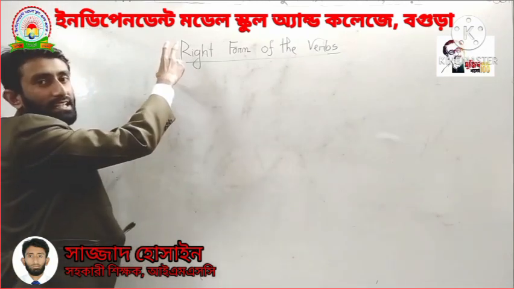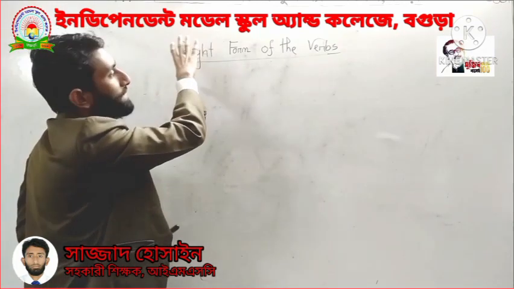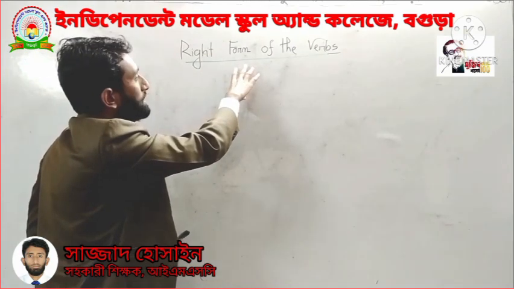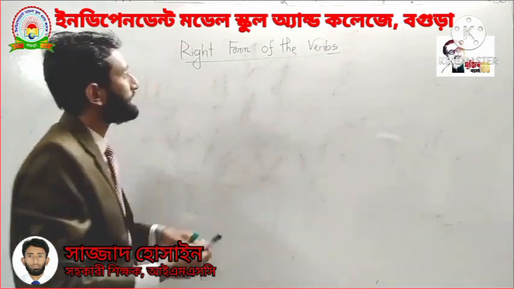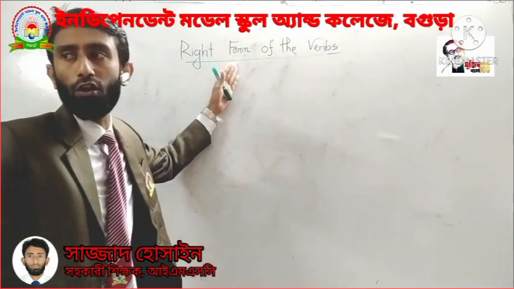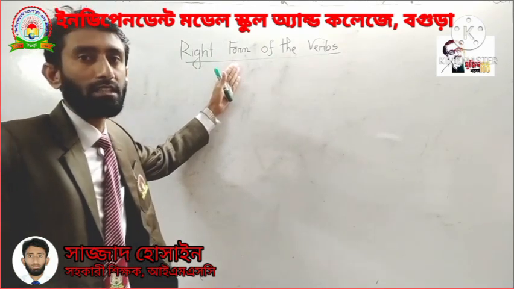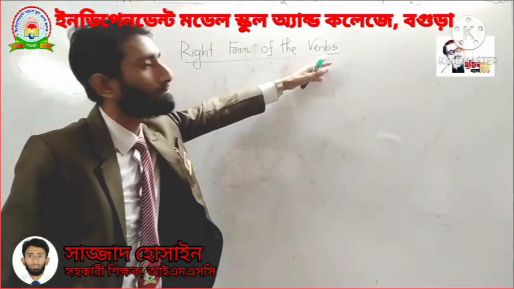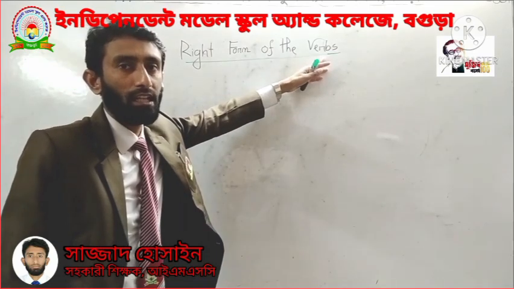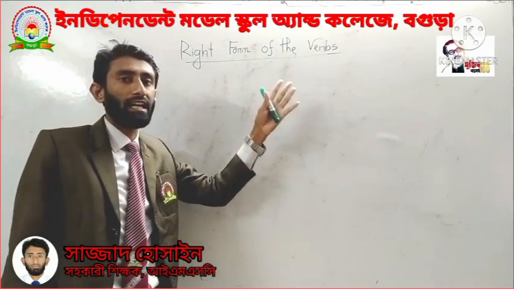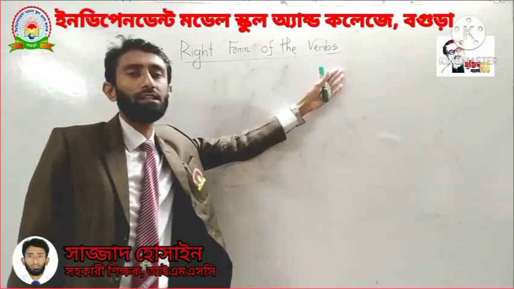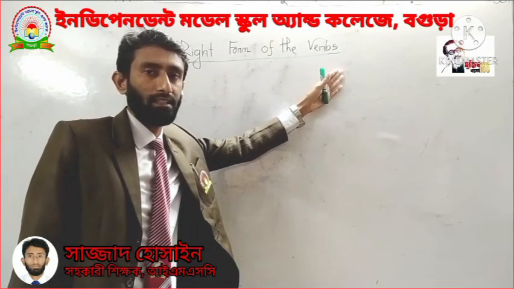Here, you have to look at the very title of this topic today. Here we find the word form, and the main word here is verbs. That means we will discuss the correct form of a verb in a sentence.